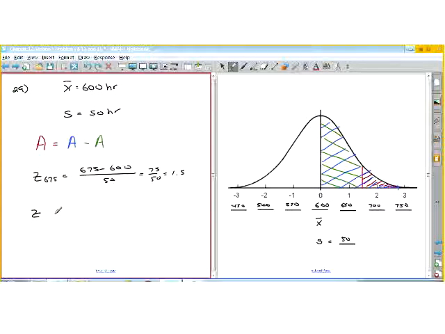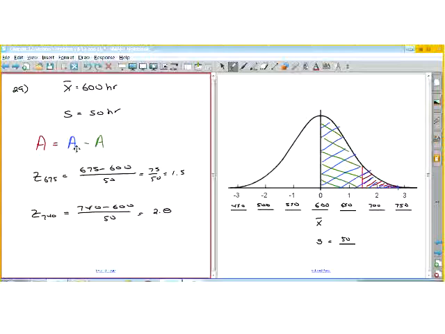Then we have the z-score associated with the next number, which was 740. So you take 740 minus 600, which is 140, divided by 50, which is 2.8. So the z-score here is 2.8. So now I can write those in.